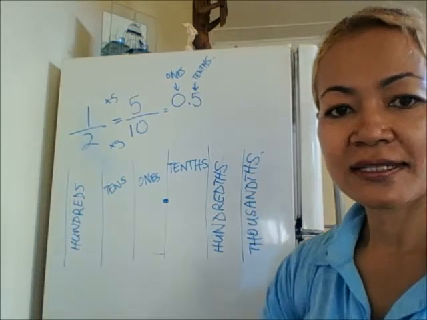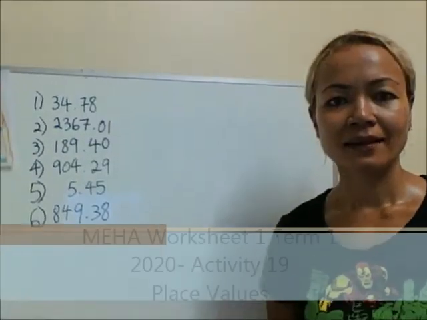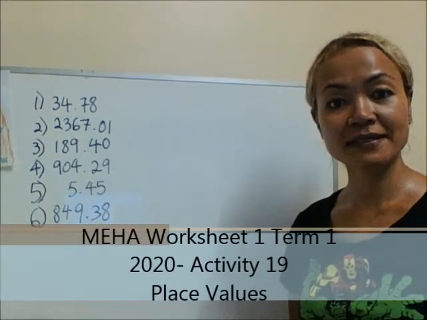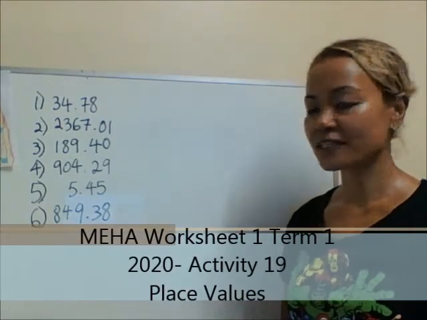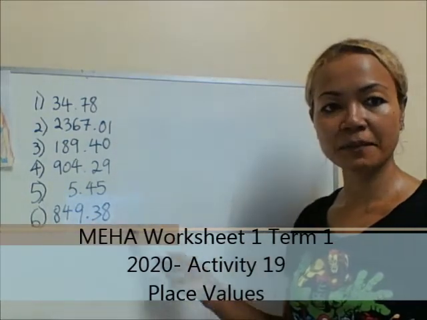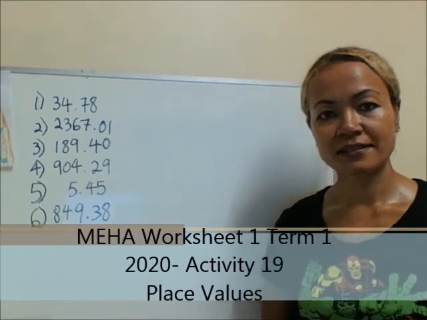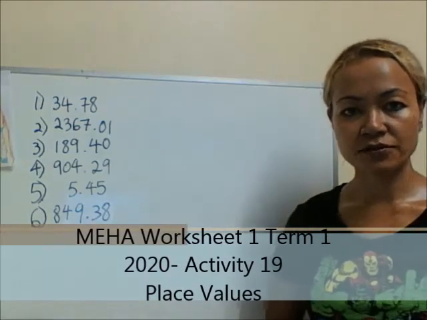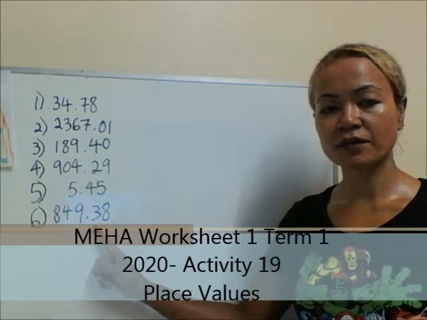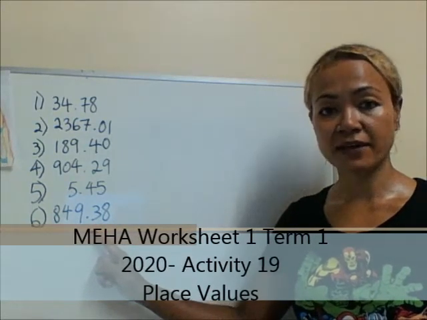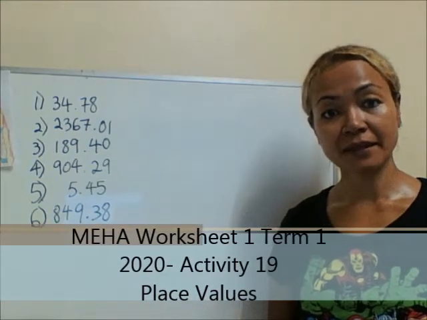Okay, so that's the first part of the decimal explanation. Let's go on to activity 19. Now I have written the 6 problems down here. And what the questions want to know are, if they've underlined a number, what is the place value, so which column is that particular number occupying.